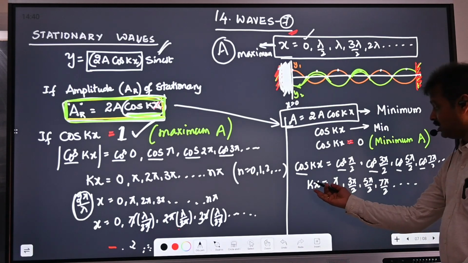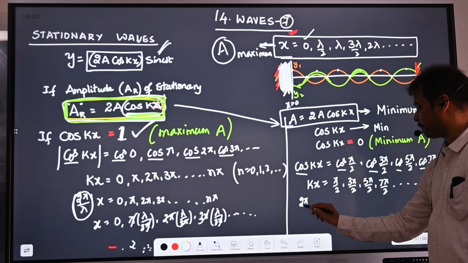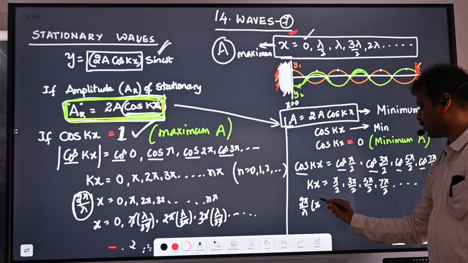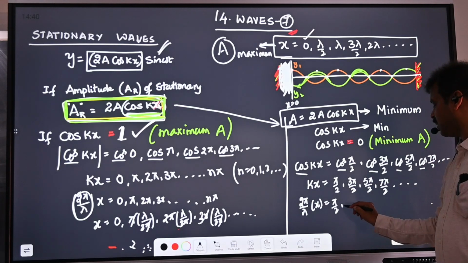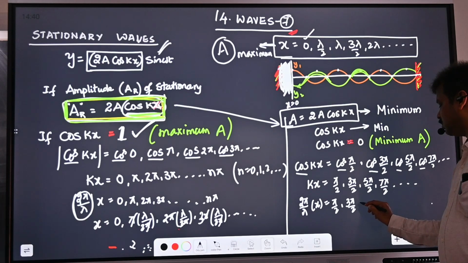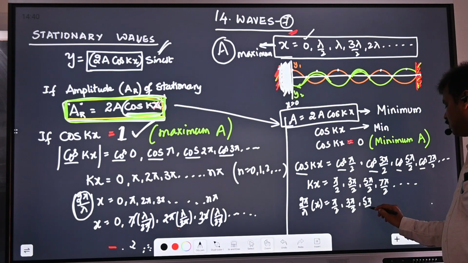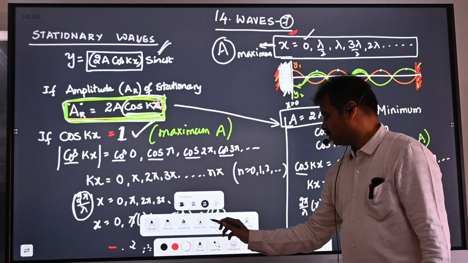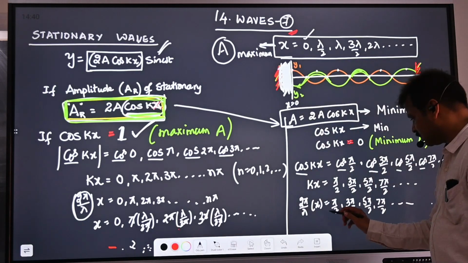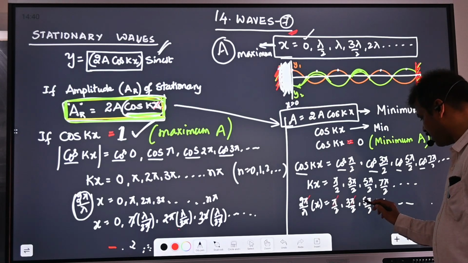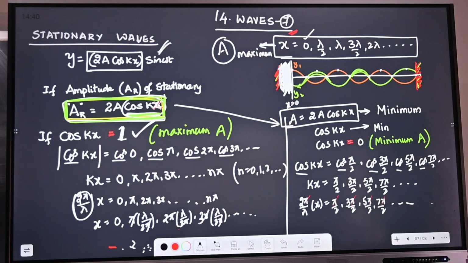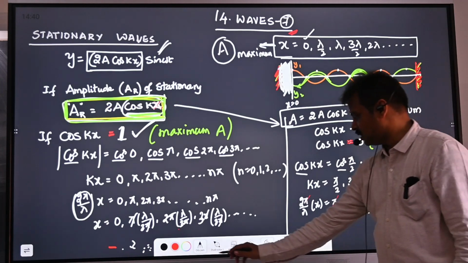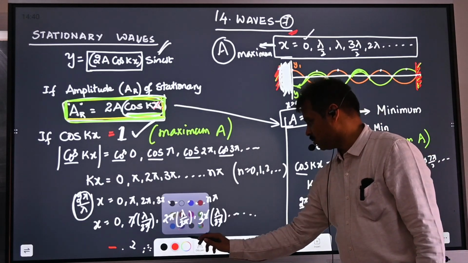But what is k? k is 2 pi by lambda. So x is equal to pi by 2, 3 pi by 2, 5 pi by 2. Now see, the pi gets cancelled. Then what is that x value?